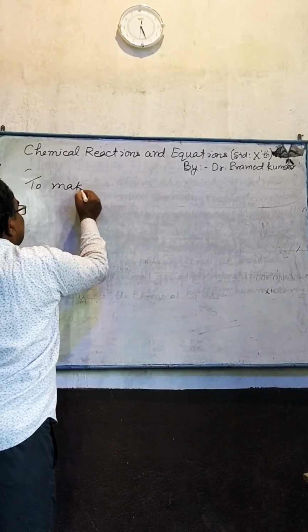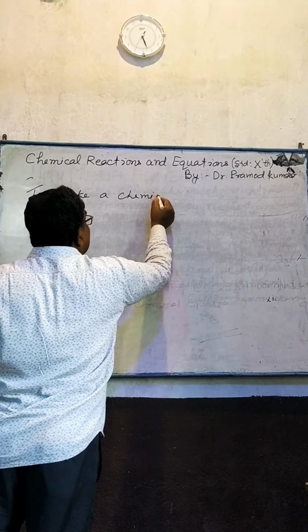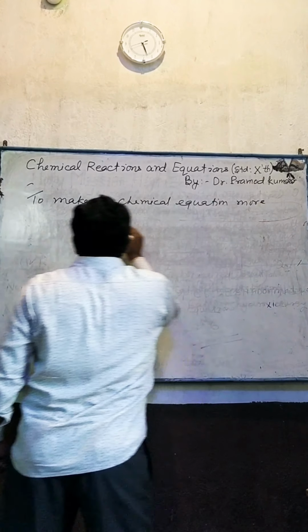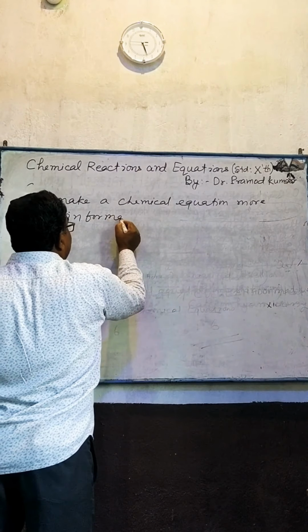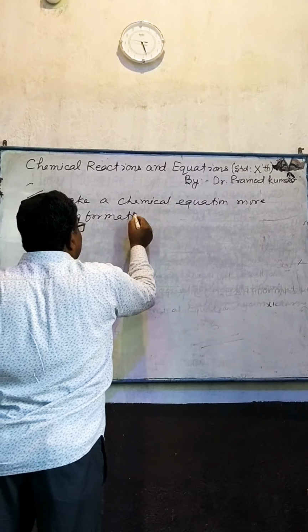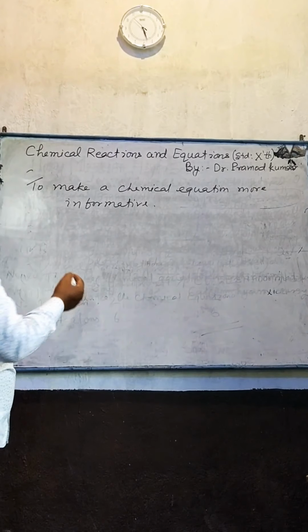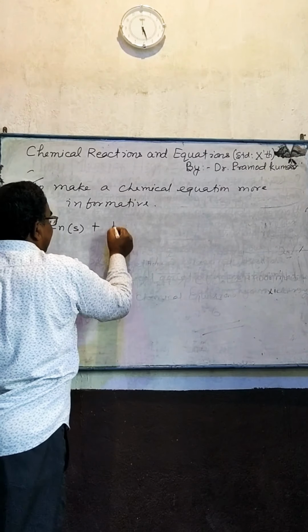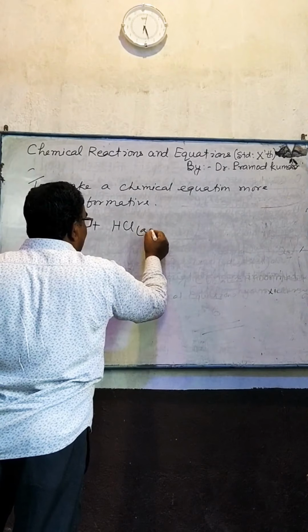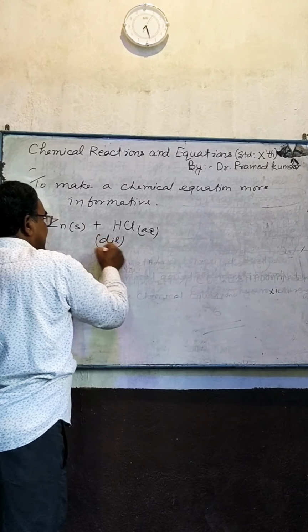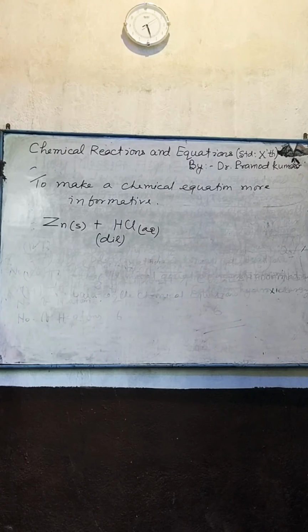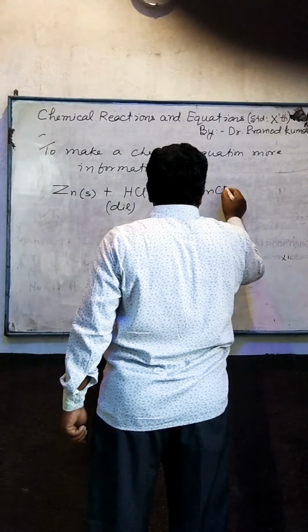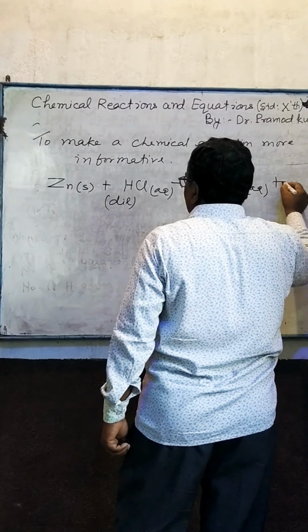For example, if we write a chemical reaction, we write Zn solid plus HCl, dilute, aqueous, and it forms ZnCl2 aqueous plus H2 gas.